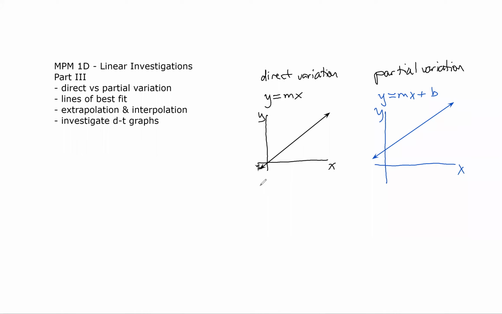The direct variation goes to the origin, zero comma zero. It does not go to the origin for the partial variation.